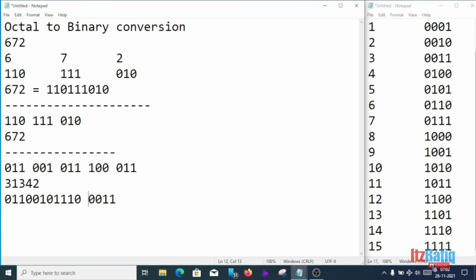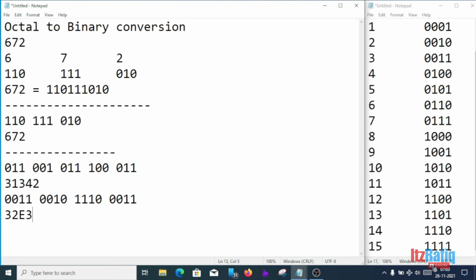Now this is the first group, this will be the second group and third group, and in the fourth group we'll put one extra 0. 0011 means it will be 3 only, and 0010 means it is 2, and 1110 means 14, which will be E, and again 0011 means 3.